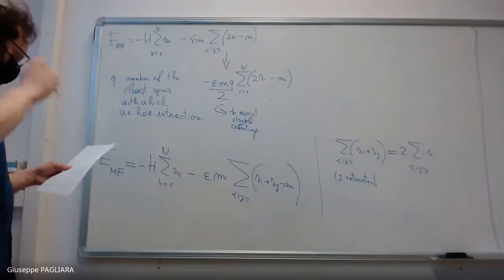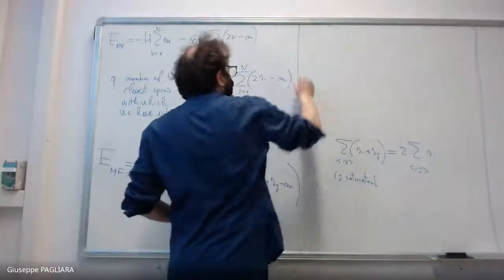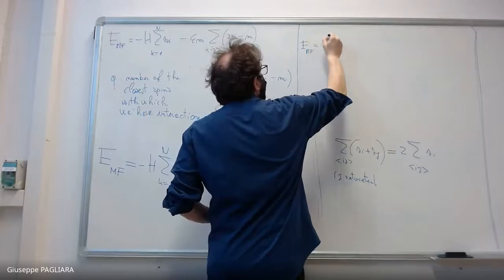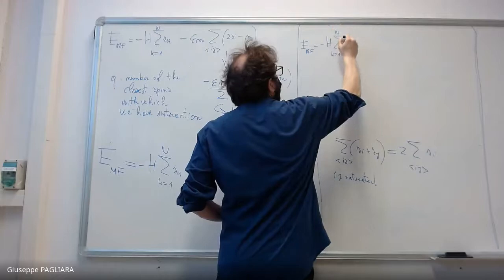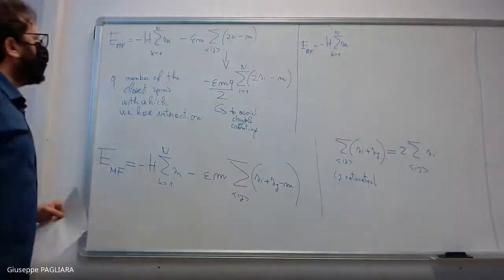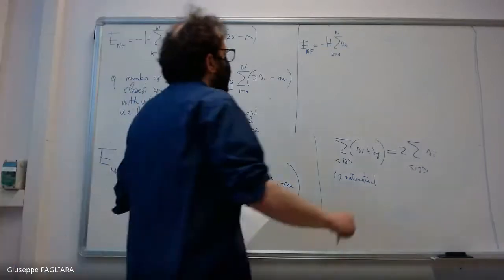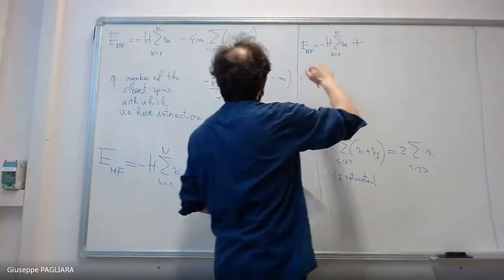Okay, so I think that now it's basically done. Now the mean field Hamiltonian has this form. And then I have, let me see if it's convenient to write this. Yeah. So then I have plus epsilon m squared q divided by 2, which is this times this.